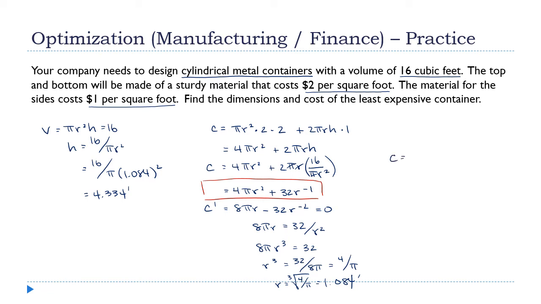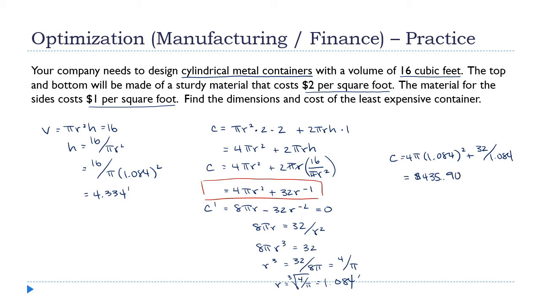So the cost is 4 pi times 1.084 squared plus 32 divided by 1.084, which comes out to approximately $435.94. That will be your minimum cost.